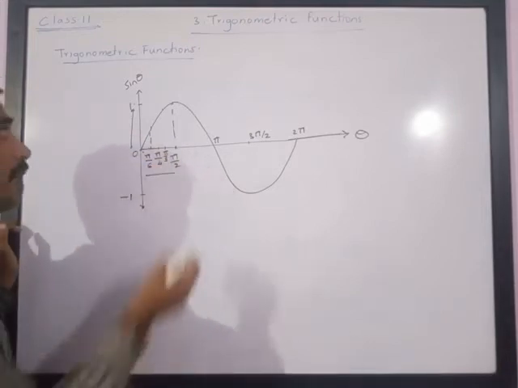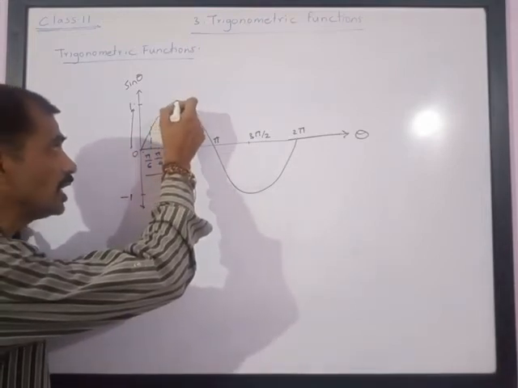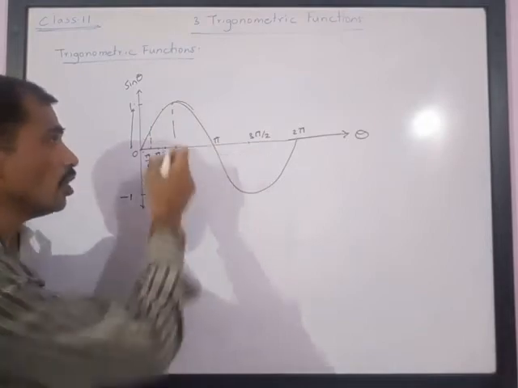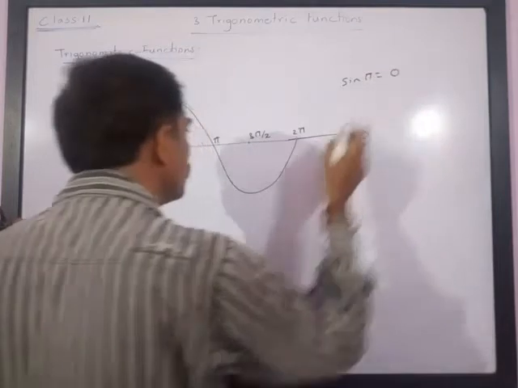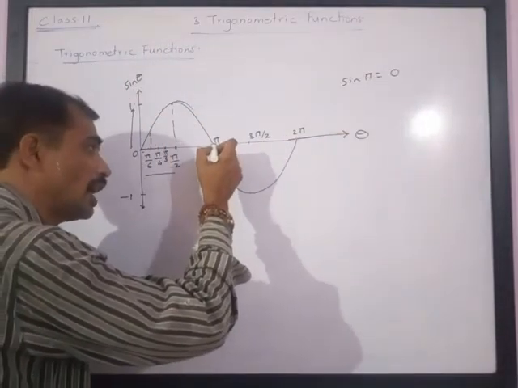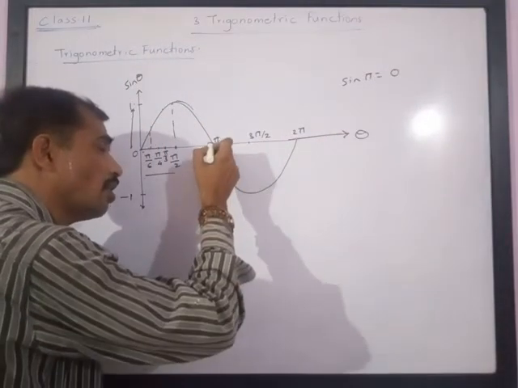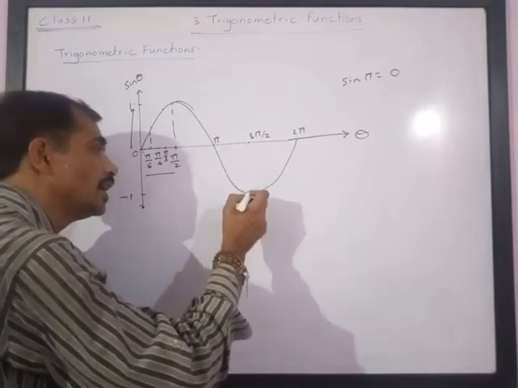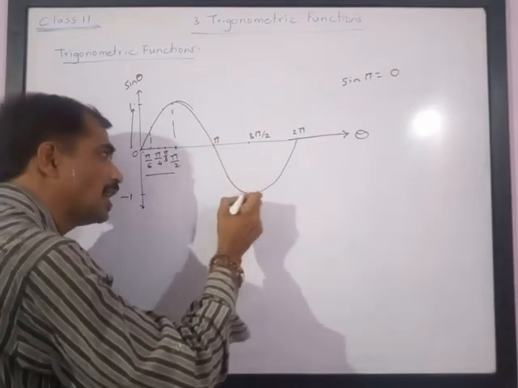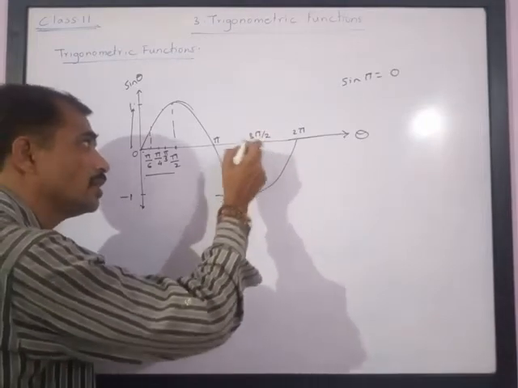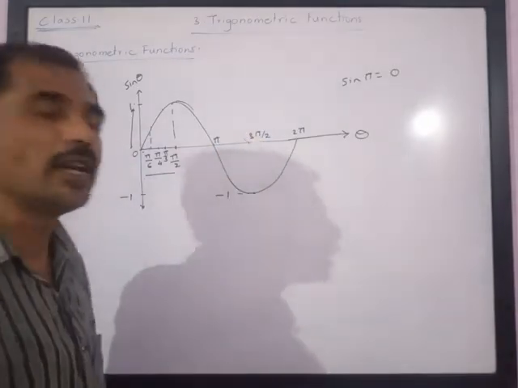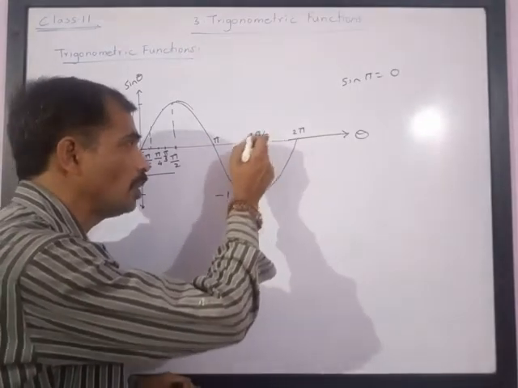But after pi by 2, we see that the value decreases from 1 to 0. So sin pi is equal to 0. Now if you see the curve, it decreases down to -1 when theta increases up to 3 pi by 2, that is 1.5 pi.